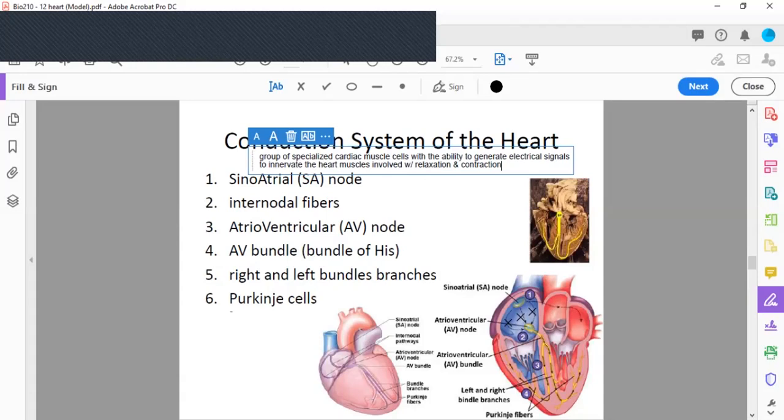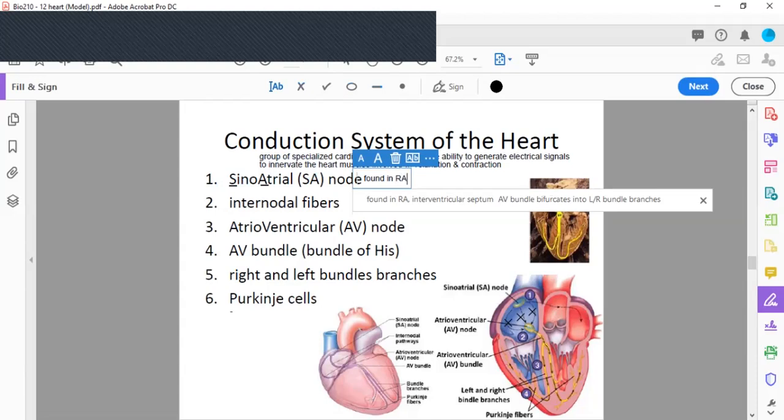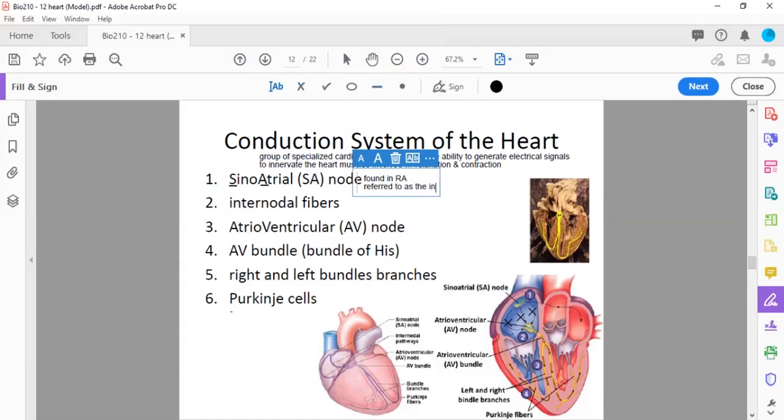Number 1, the sinoatrial node, often referred to as the SA node. S stands for sino, A for atrial node. The sinoatrial node can be found in the right atrium, and it is referred to as the intrinsic pacemaker.